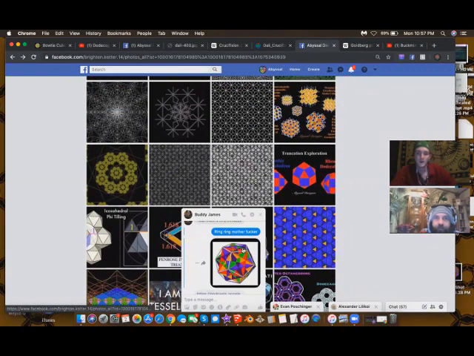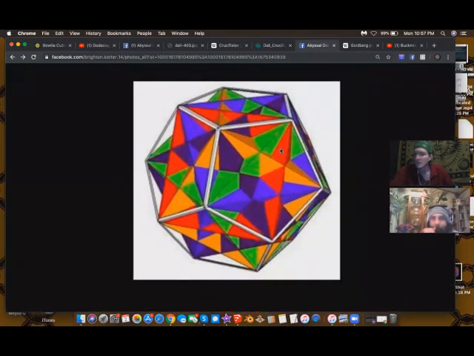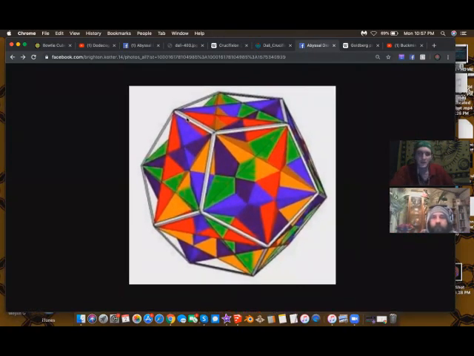Yes, bingo. Okay. I don't know who made this piece, but you can see how it's made out of 5 cubes, and it's a dodecahedron around 5 cubes.